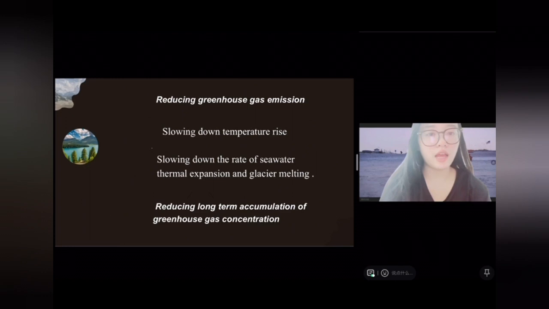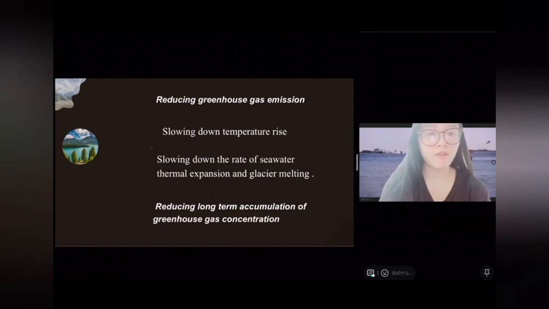The direct effect of reducing greenhouse gas emissions is to slow down temperature rise. Reducing greenhouse gas emissions can slow down or even stop the trend of global temperature rise, thereby slowing down the rate of seawater thermal expansion and glacier melting. Secondly, it has long-term effects.